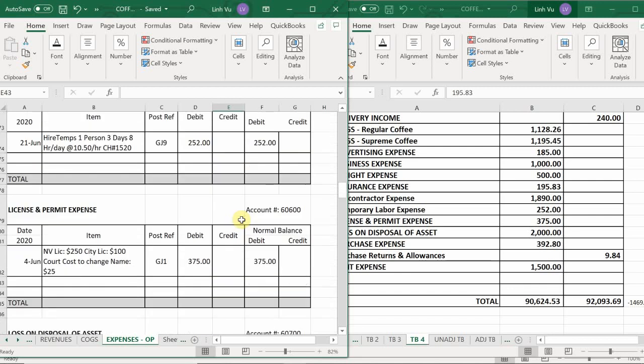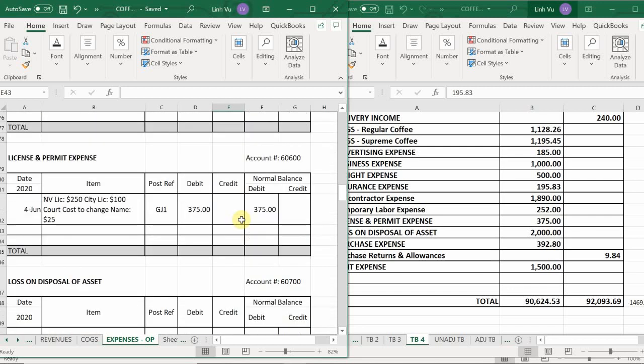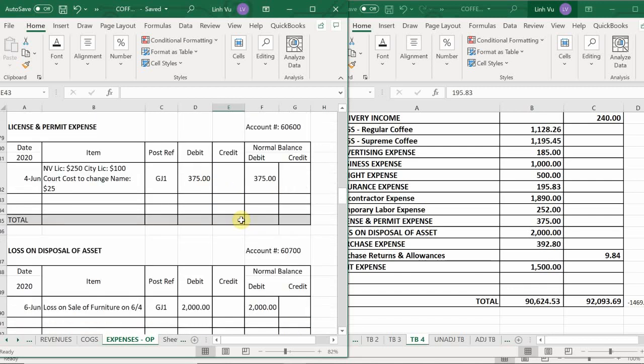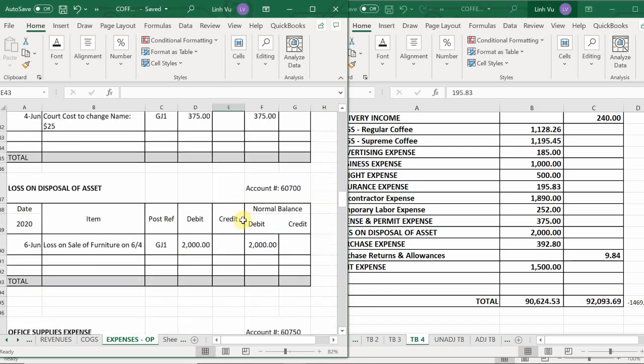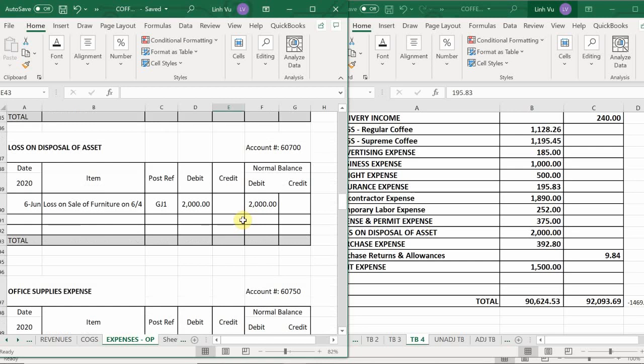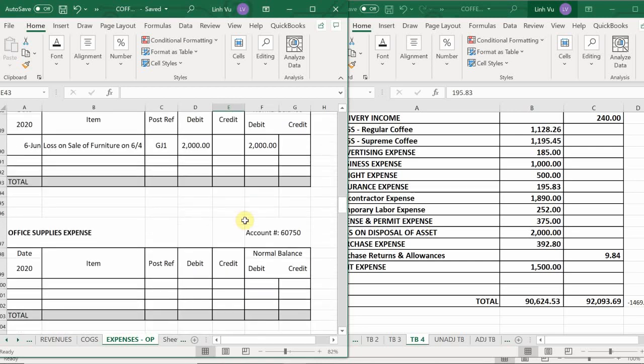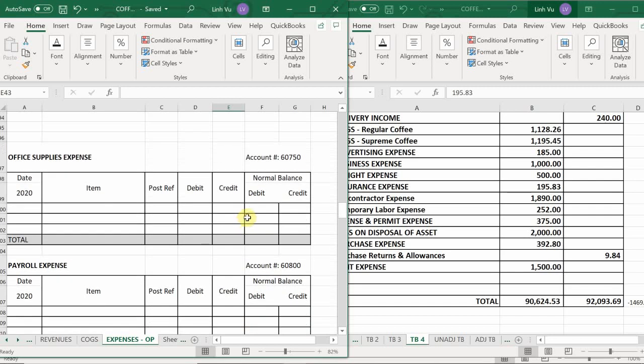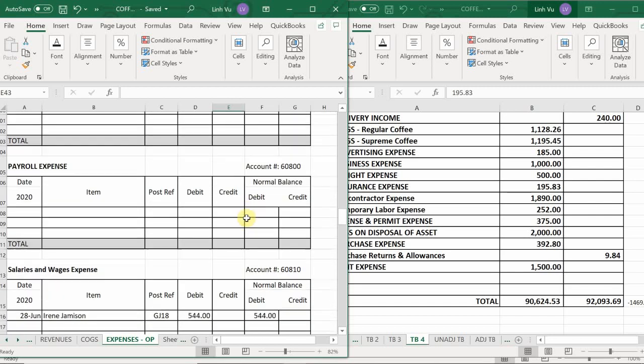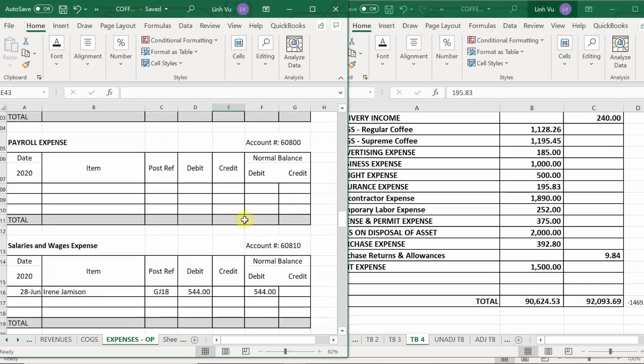Our temporary labor still at $252. Our business and license permit is still at $375. Our loss on disposal of asset is still $2,000. Okay. Office supplies we haven't talked about yet, but we will look at that when we adjust our supplies.